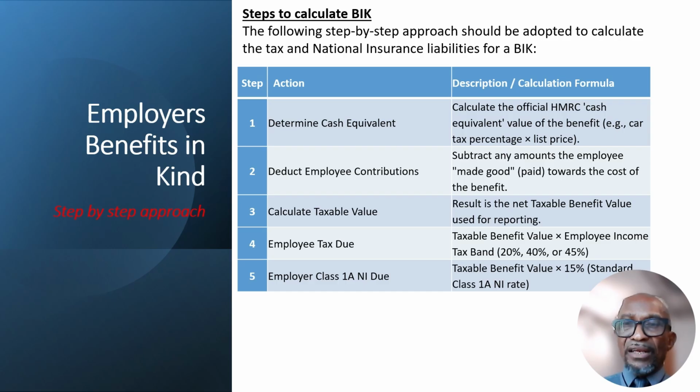And if you are a 45% taxpayer, you pay 45% on the excess of that value. The employer, as I said, will need to pay what we call the Class 1A National Insurance Contribution. This is a straight 15% on the total taxable benefit value.